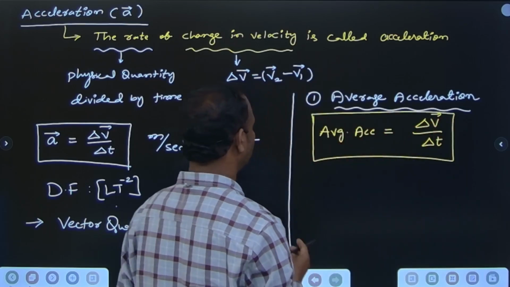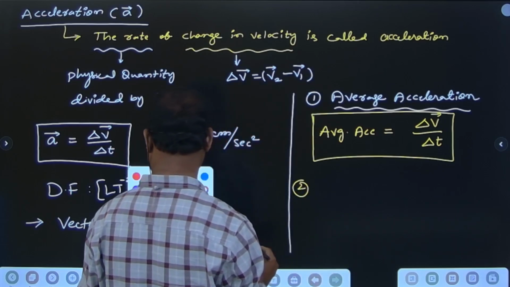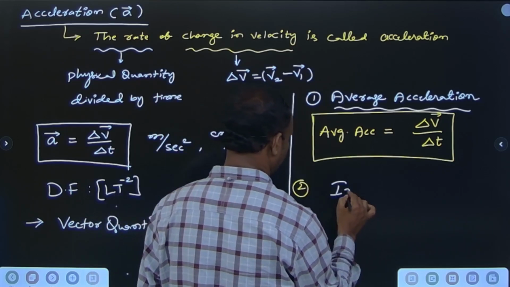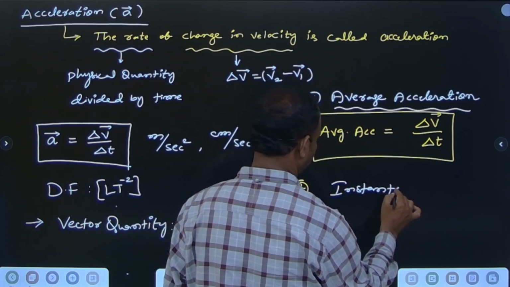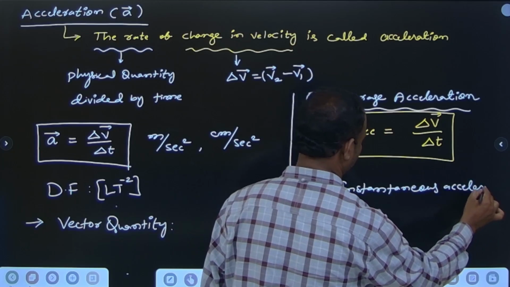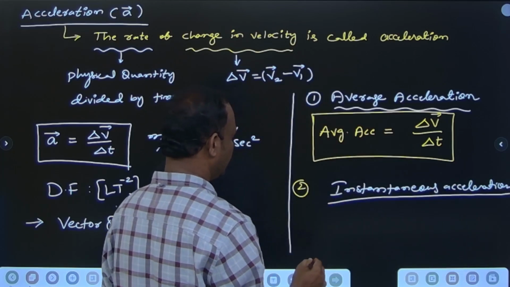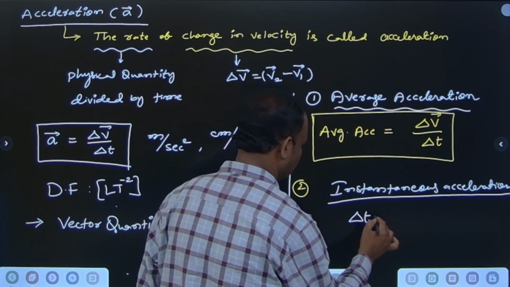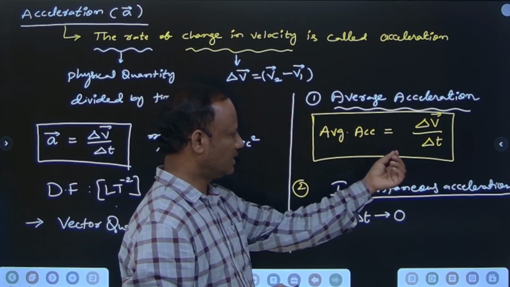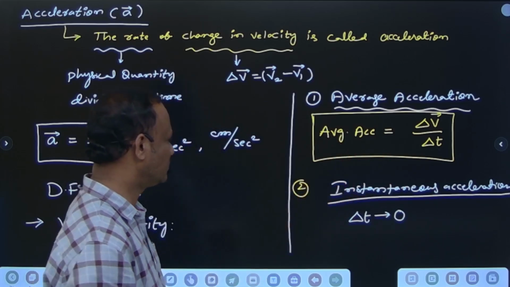Now instantaneous acceleration. For the instantaneous acceleration, delta t tends to 0 but is not 0. The difference delta t is very small, it tends to 0. Delta v, v2 minus v1, is very small.